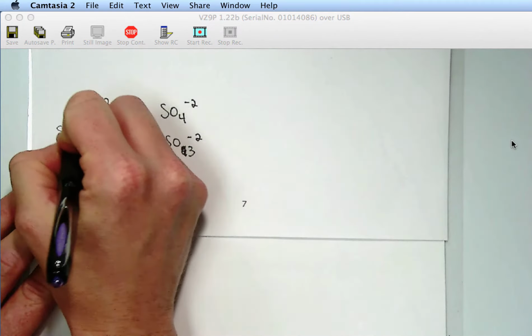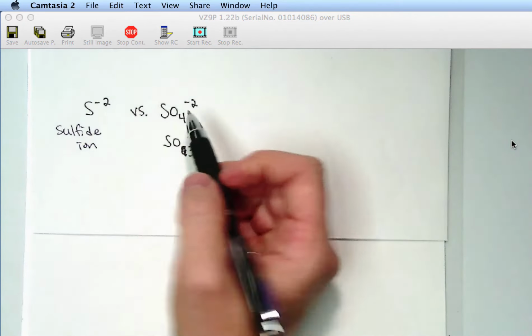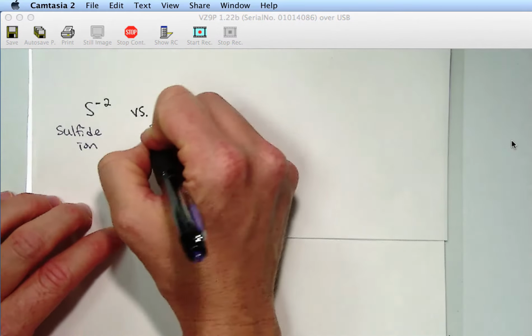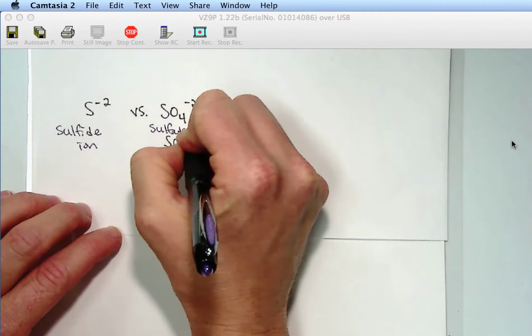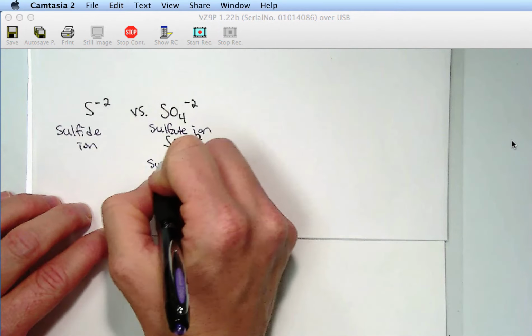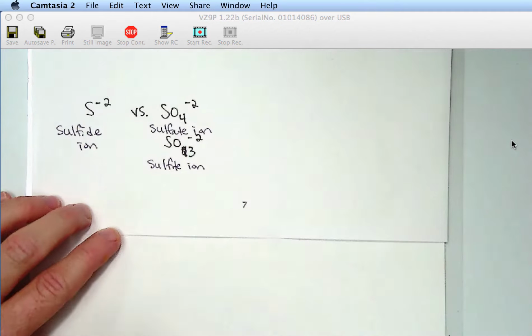This is sulfide ion, commonly confused with your polyatomic ion, sulfate ion. Also confused with sulfite ion.